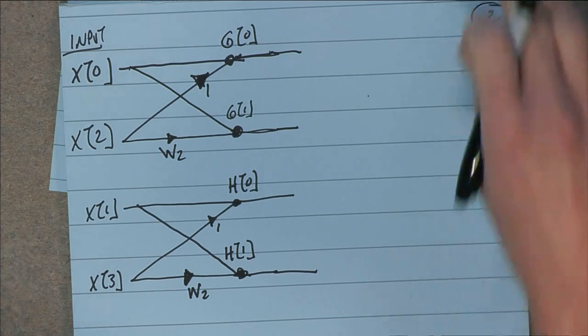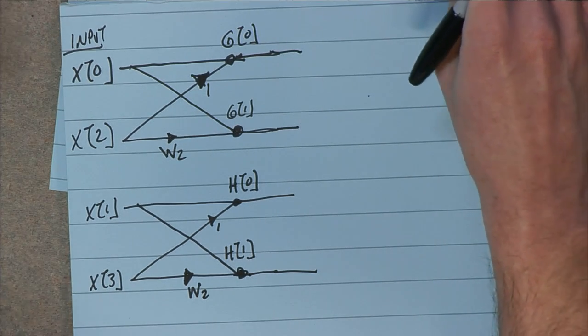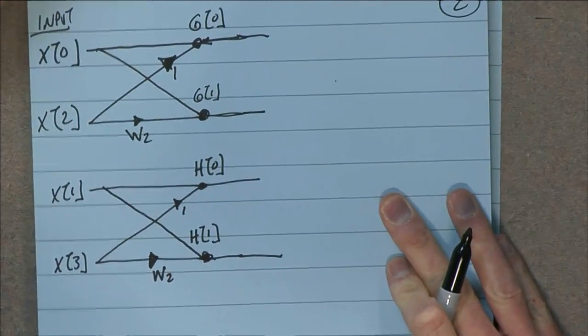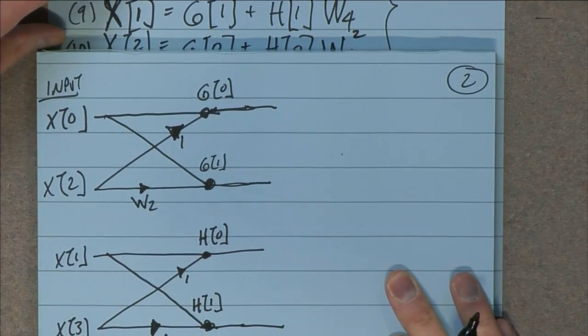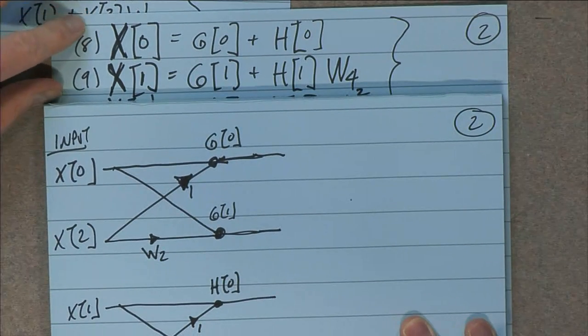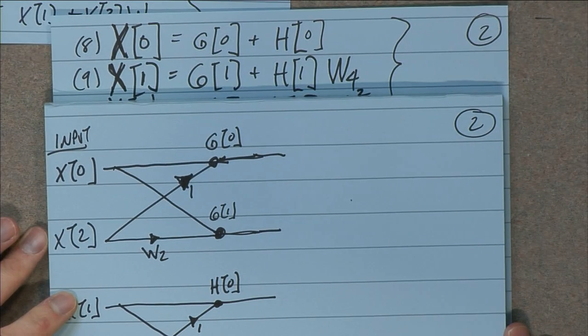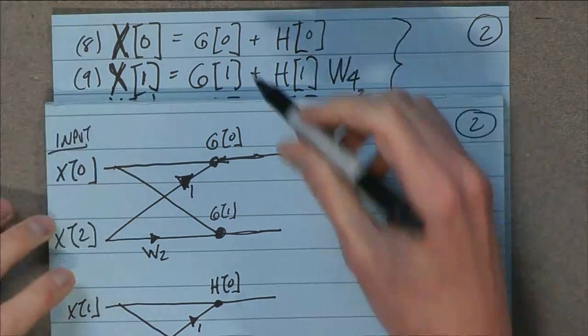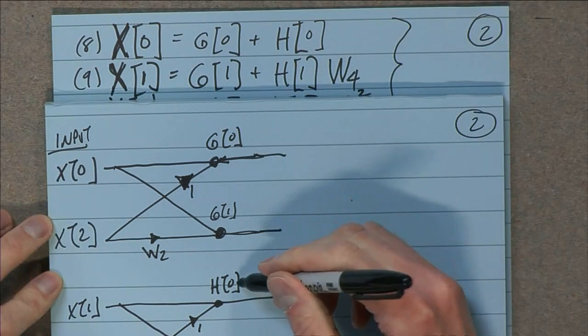So that brings us to our other equations. Let's see if we can do these two first, and get it all on the same page. So we're going to try to implement equations 8 and 9. So what do we need? We need G0 and H0. I've got those two right here.